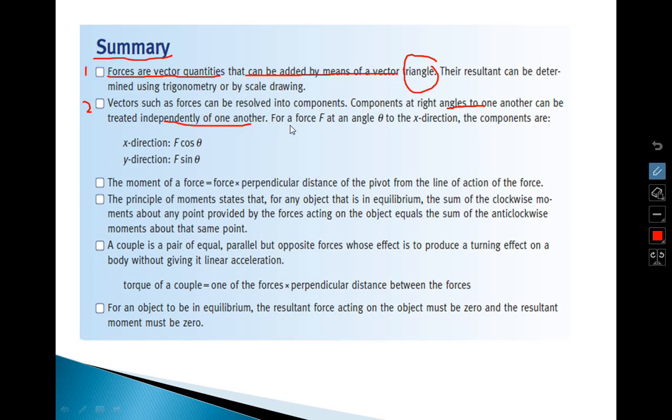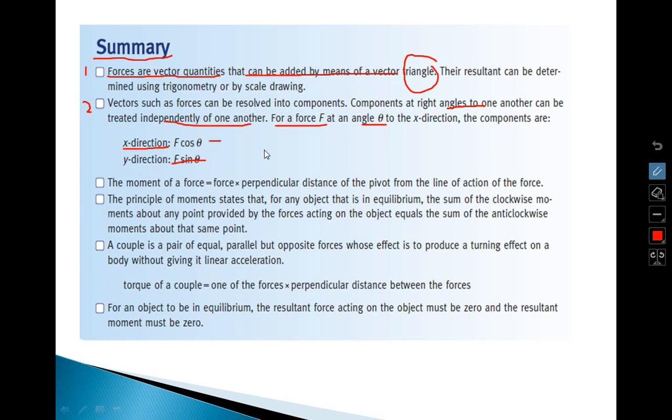How? For any force F at angle theta to the x direction, the components are as follows. In the x direction the force is F cosine theta, and in the y direction the force is F sine theta.